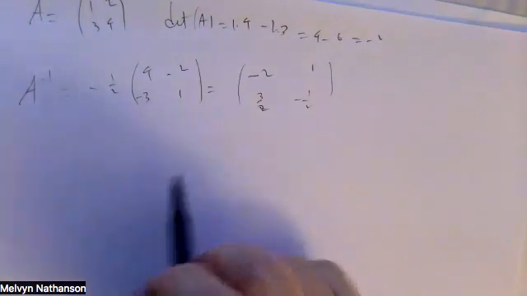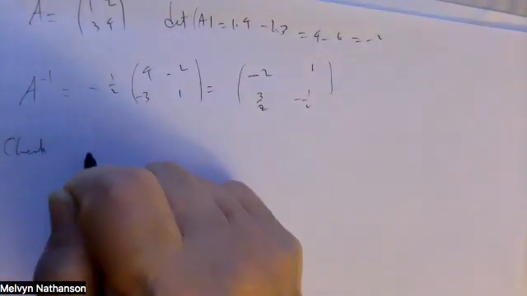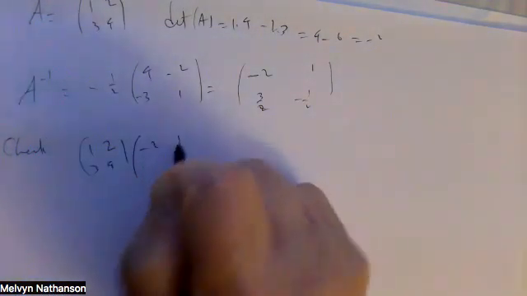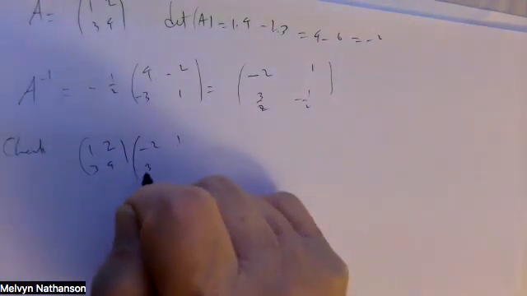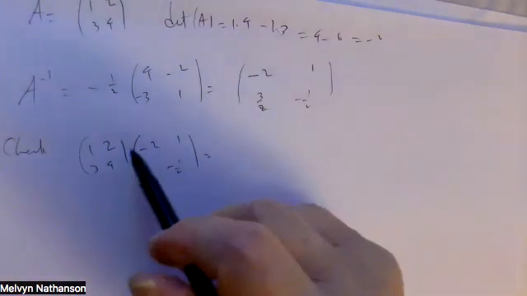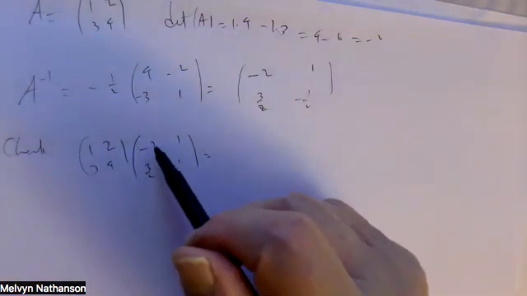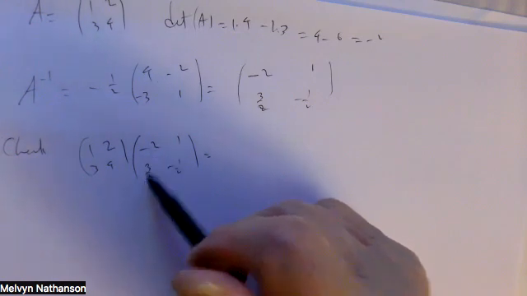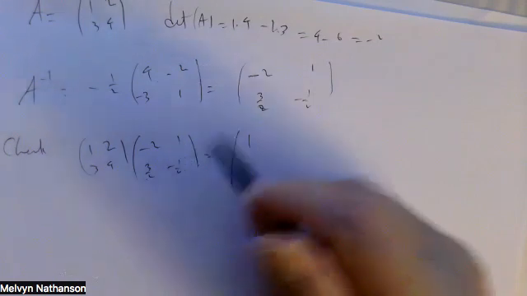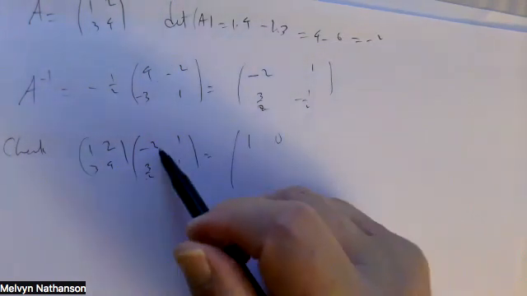Let's check and see if this is the inverse. [1, 2; 3, 4] times [minus 2, 1; 3 halves, minus a half]. Let's see, minus 2 plus 3 is 1. 1 minus 1 is 0.